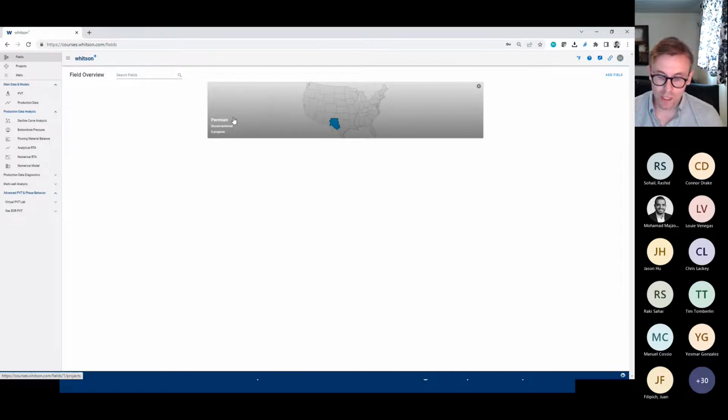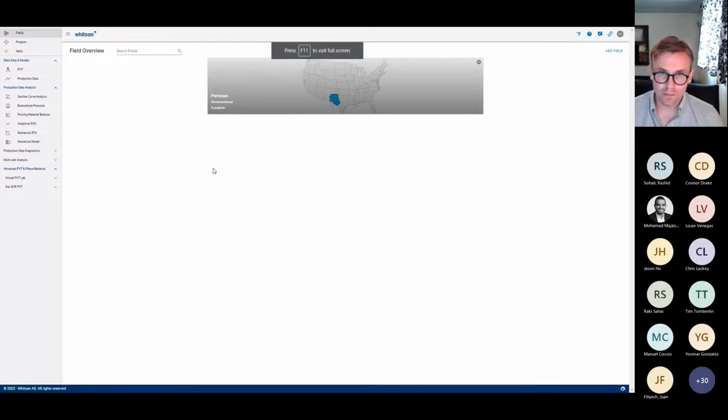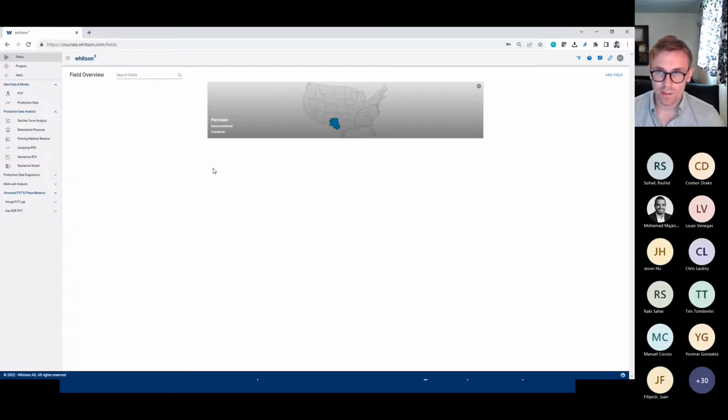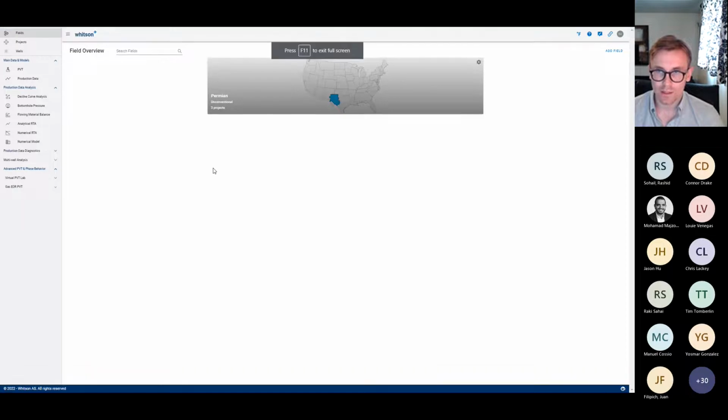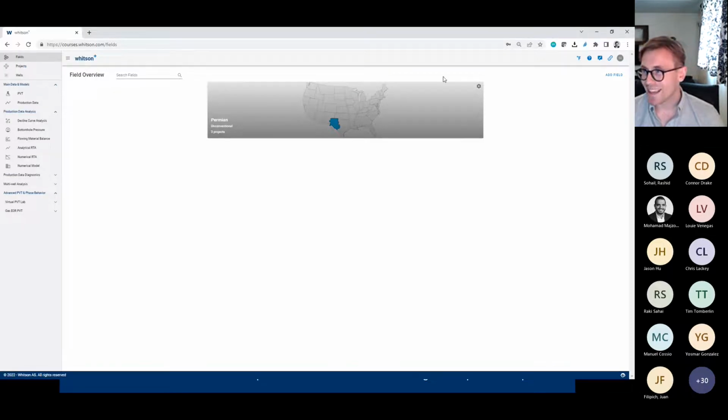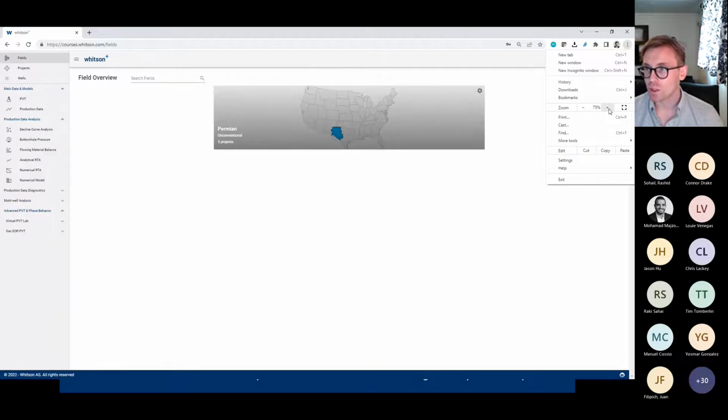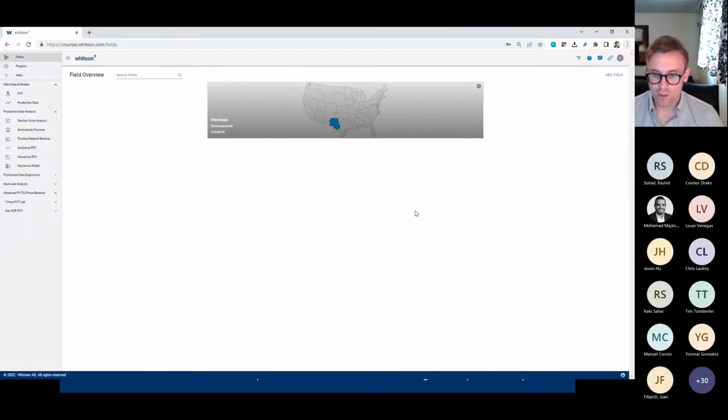What I like to do sometimes is click F11, because F11 maximizes my screen, so I get a little bit more real estate. The second thing I like to do is reduce the zoom to something comfortable. I think the software suggests 80%, but somewhere between 80 and 67 feels good on most engineering screens.